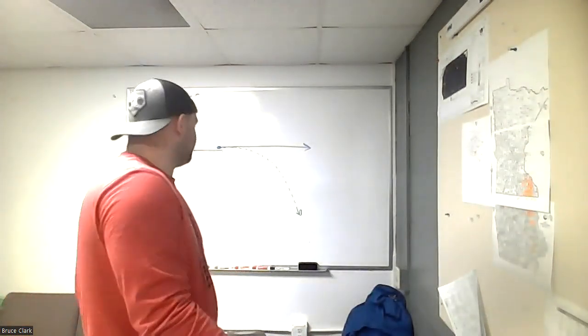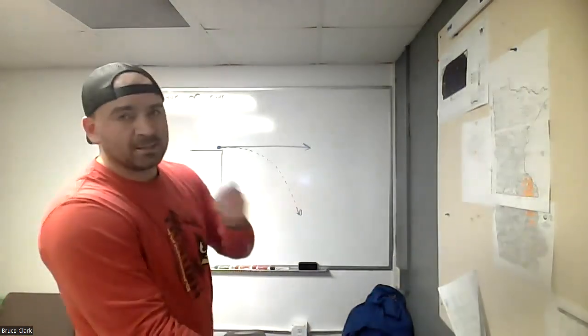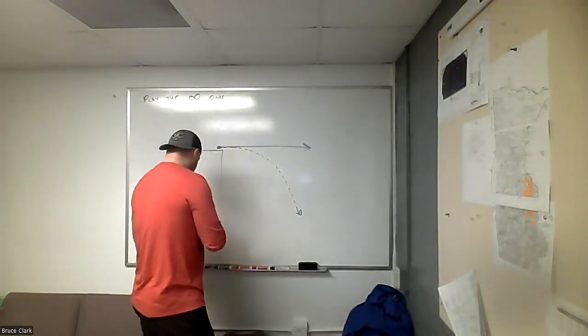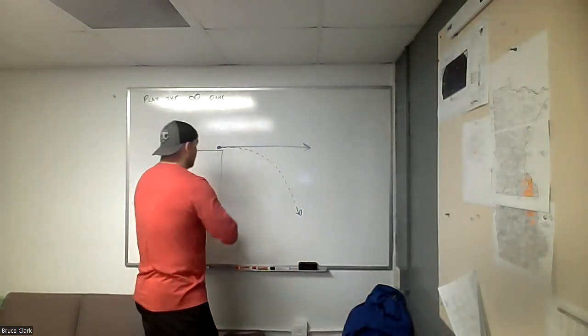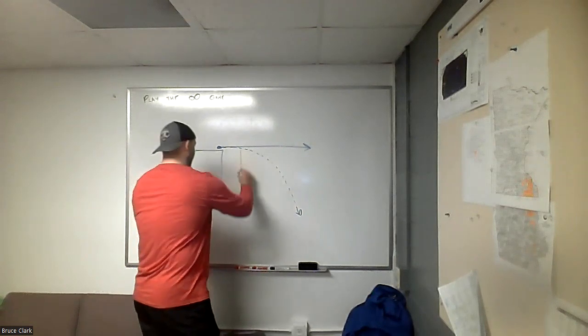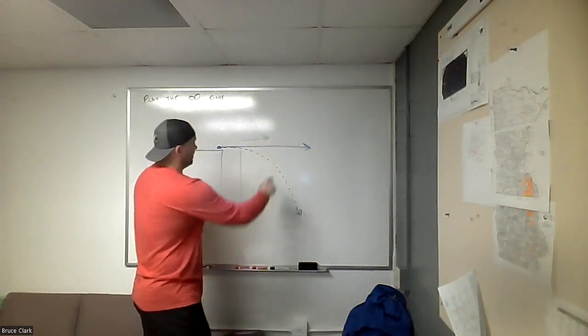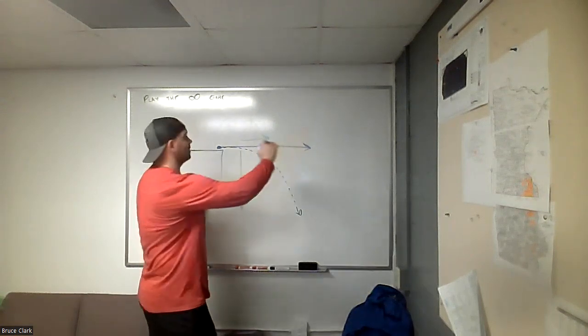That's okay. So the big thing that we're going to need to do with that is we have to break our problem up into 2 different steps, right? We have to make it into a vertical component and a horizontal component. Now the horizontal component, no acceleration.